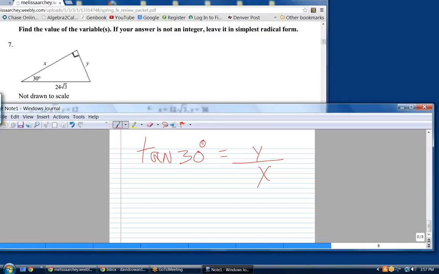So give me a different trig function that relates y to 24 root 3. Oh, to 90? No. The trig function that relates y to the hypotenuse is sine. Sine of 30 degrees is equal to y divided by 24 root 3. In other words, it's the opposite over the hypotenuse.